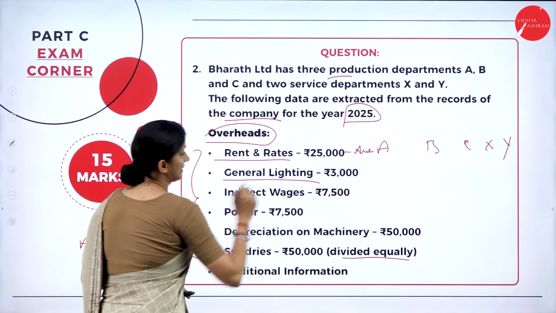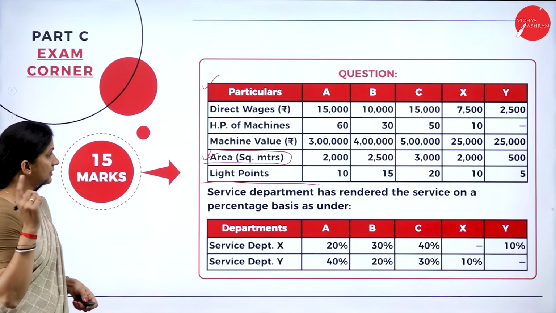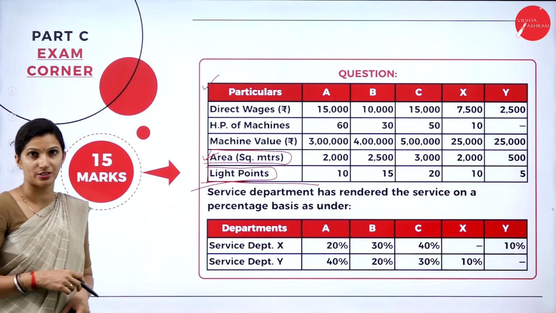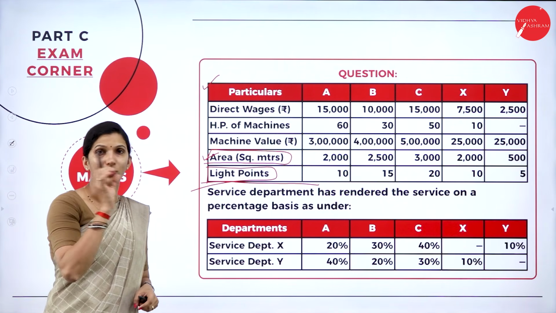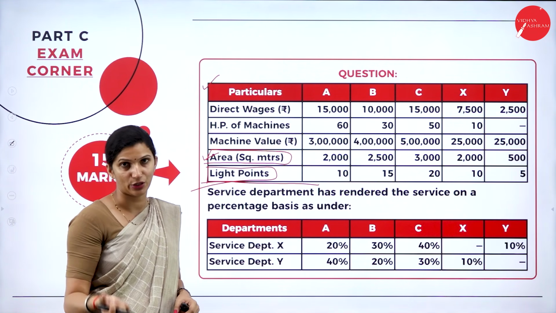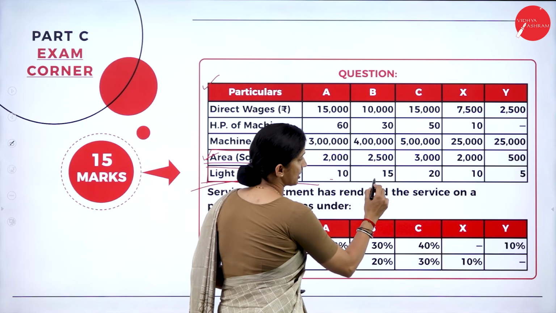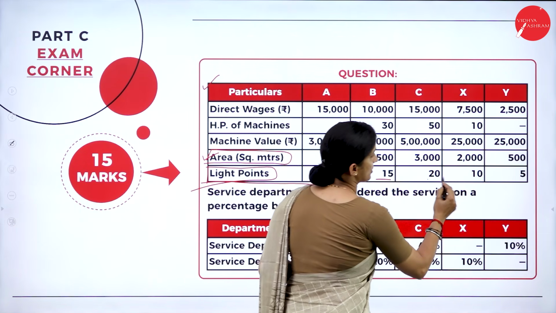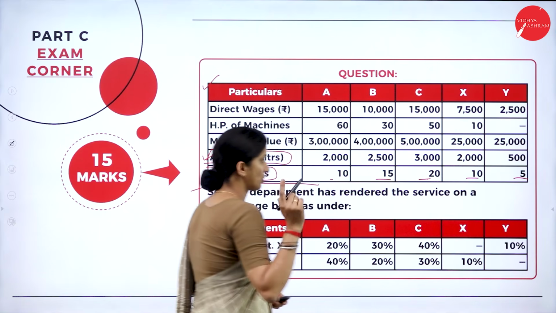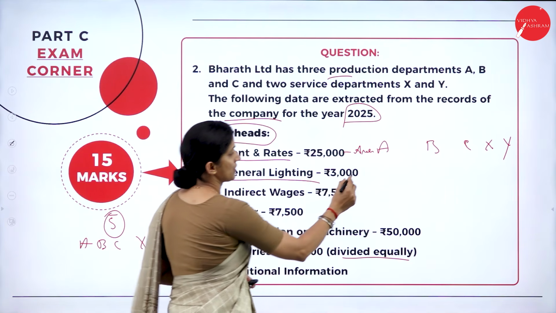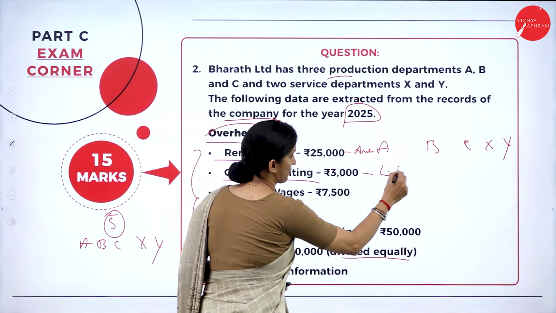Then we have general lighting. Here it is clearly given the number of light points. In each department, the number of light points occupied is given here, so we will take this ratio, that is 10:15:20:10:5. That will be the ratio to allocate the general lighting. So here the basis is light point.